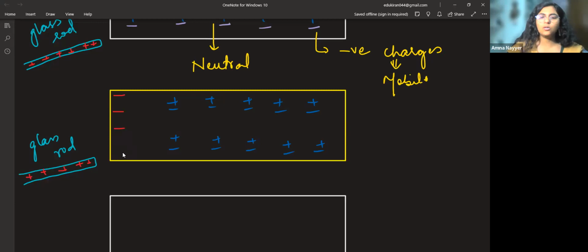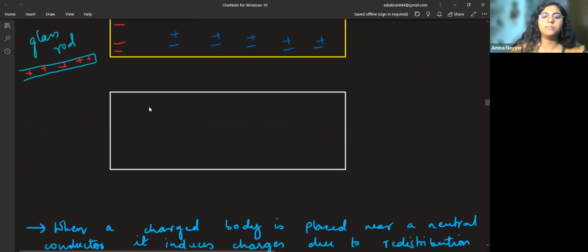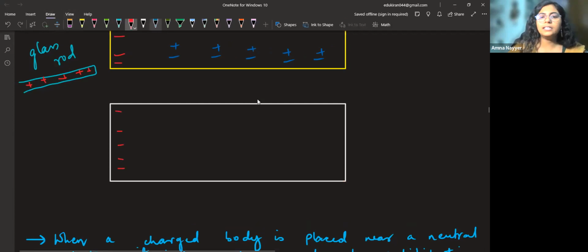Like this, all the negative charges will be coming, and slowly over time, the positive charges will be there at one place. So all the negative charges are present at one end, and at the other end, all the positive charges will be accumulated.